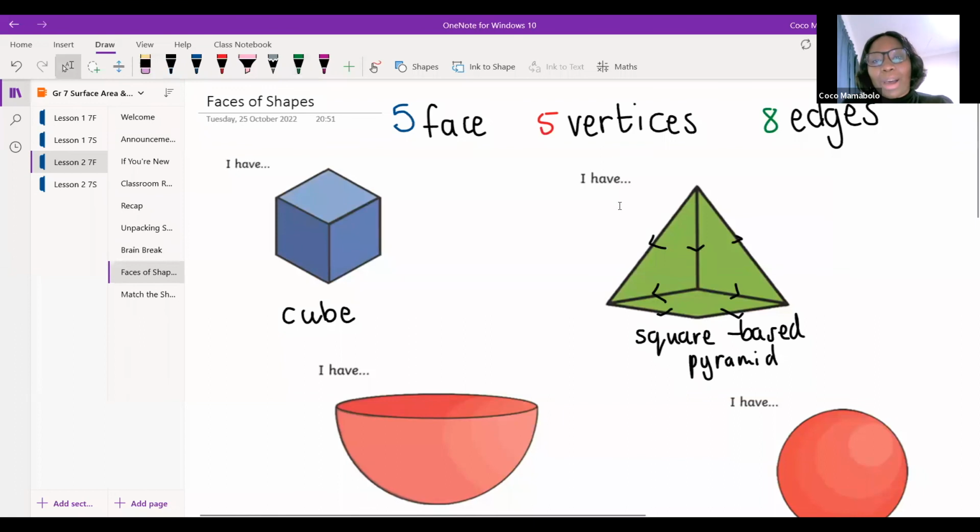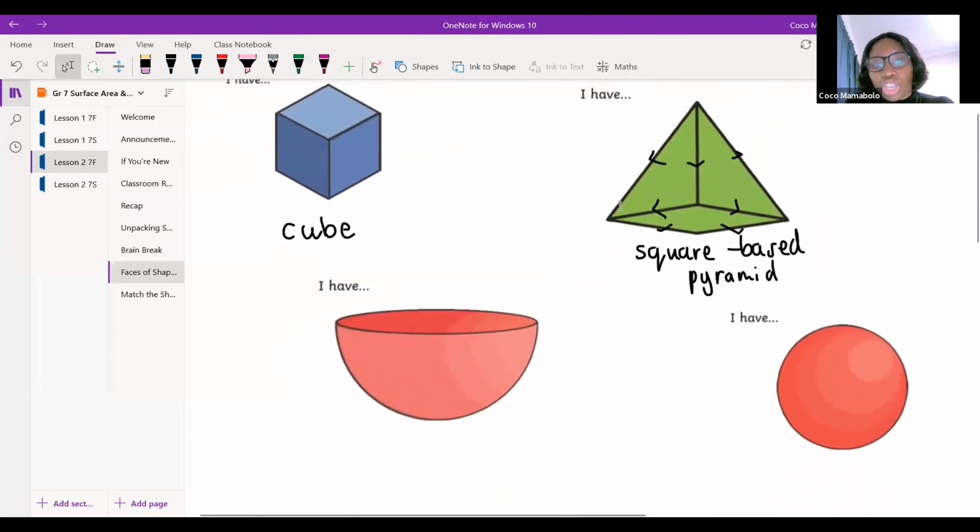Okay. Let's think about this shape over here. What is this shape called? I think somebody already put it in the chat before. What is it called, guys? Tyler says, a soup cup. No, my sweetie. It's not a soup cup. It's a sphere, but Keisha, it's not a full sphere.